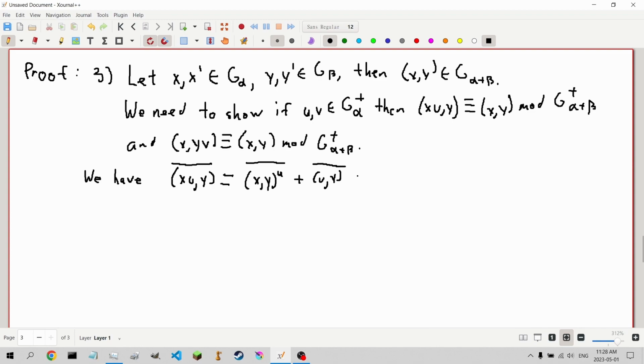This is from a rule we saw earlier, and this gives us xy bar. And we have very similar constructions on the other side. I'm going to write this as xv, xy to the v, and this once again gets us where we need to be, xy bar.